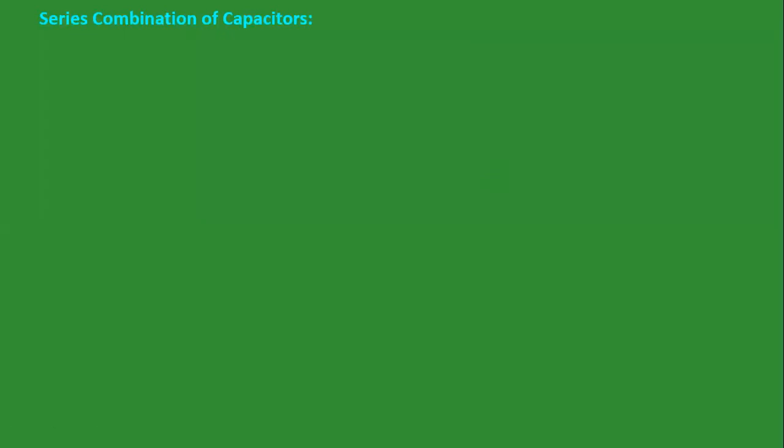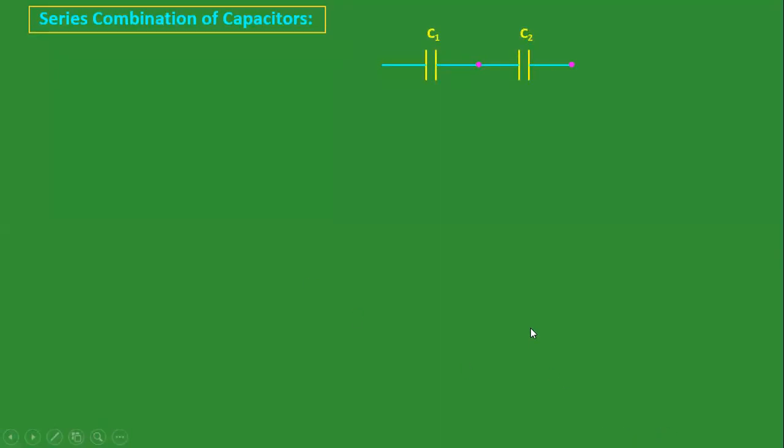Series combination of capacitors. We consider capacitors C1, C2, C3 connected in series. Series means one after another.